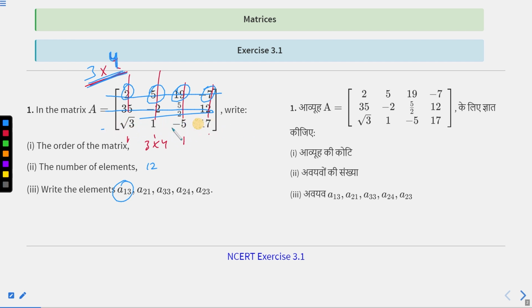As you can see, the first row is this and the third column is this. You just draw lines respectively and the intersection point will be your entry. This means 90. Now a21 means second row and first column. So this will be 35.